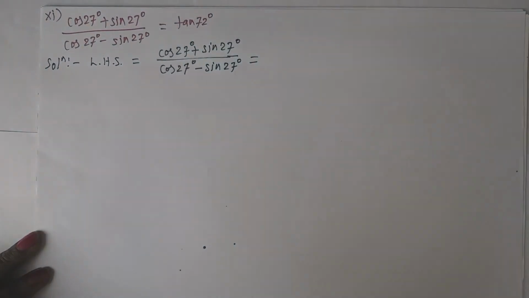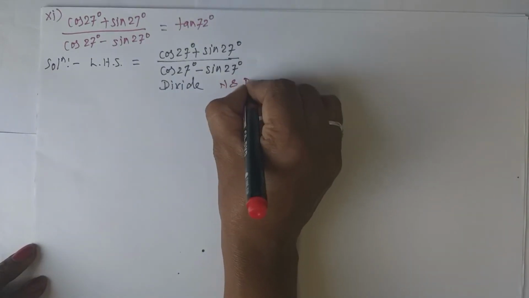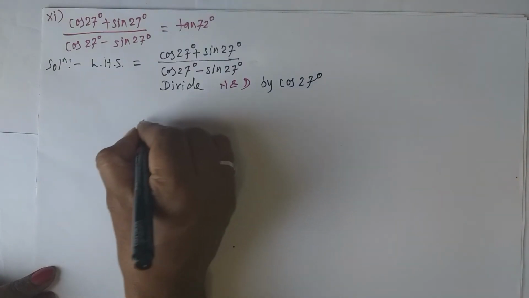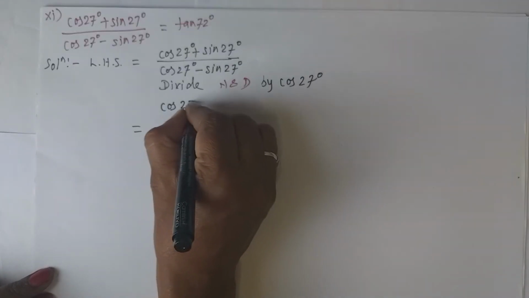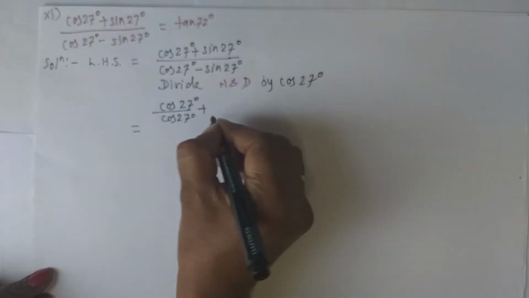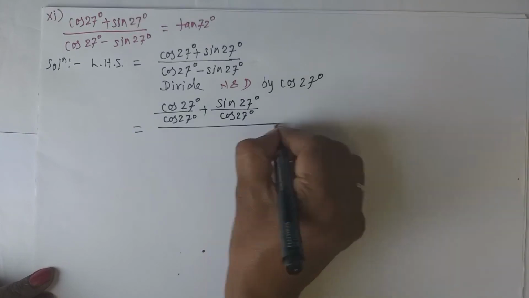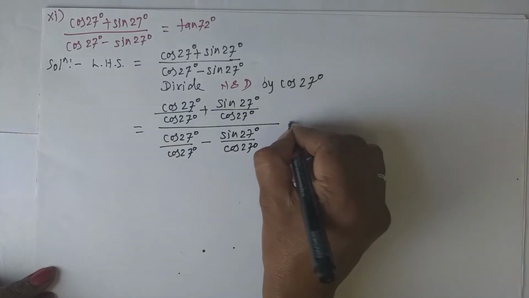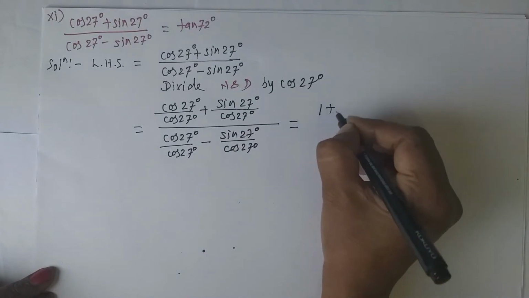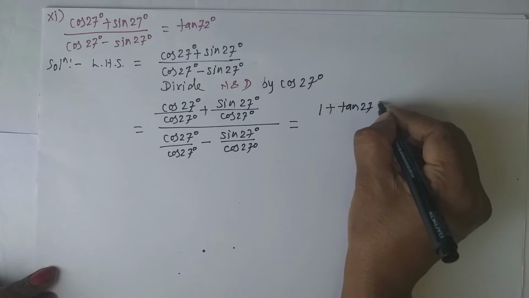Therefore here you write down the next step, divide numerator and denominator by cos 27. Then this will be cos 27 divided by cos 27 plus sin 27 divided by cos 27, and in the denominator again. This is cos 27 divided by cos 27, that is 1, and sin divided by cos means tan 27 degree.